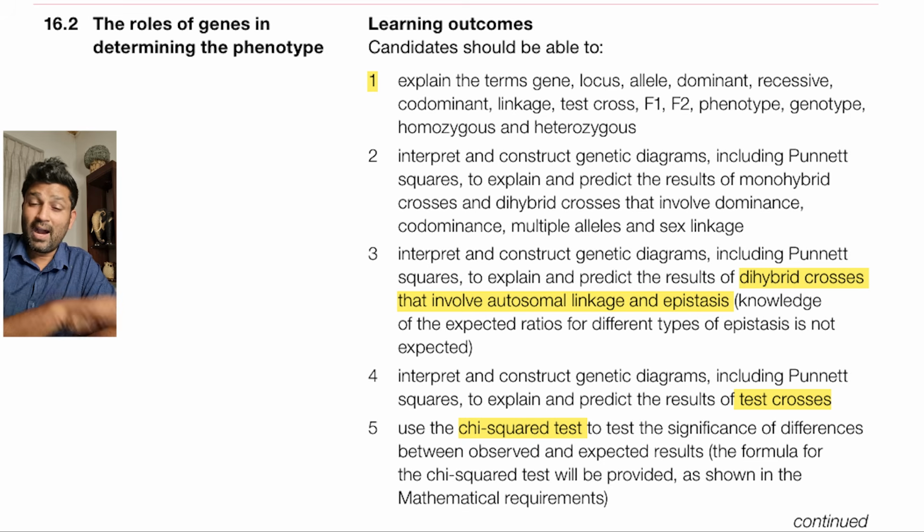Then again, chi-square is something that you can be tested on. It's better if you know the formula of the chi-square. So you probably would not get a big question where you need to do the chi-square calculation on your own. That is very unlikely because it's time consuming, but you still could get some fill in the blanks in a table of chi-square, and then calculate the chi-square value.